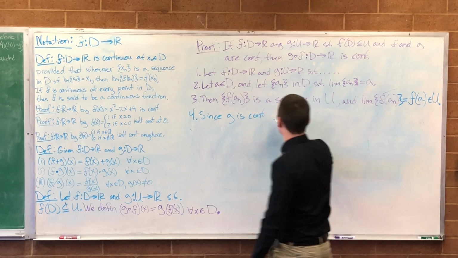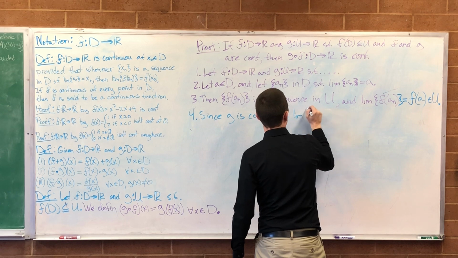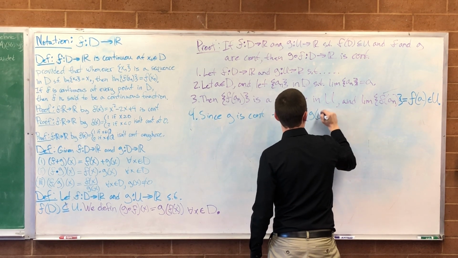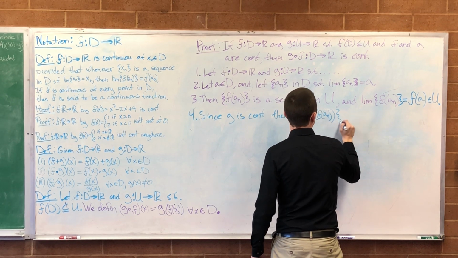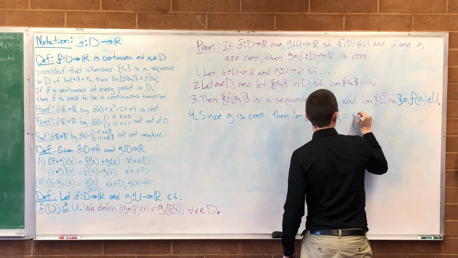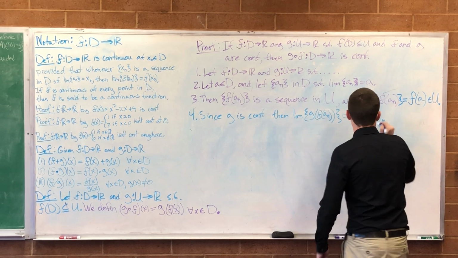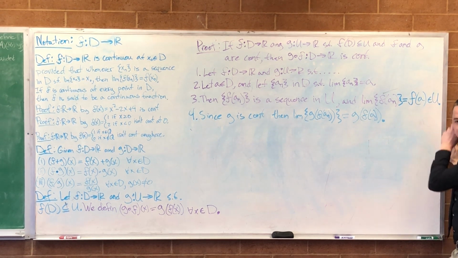Since G is continuous, then the limit of G of f of an is just equal to G of f of a. Okay, that's the leap I was trying to make, but I wasn't sure how best to do it.